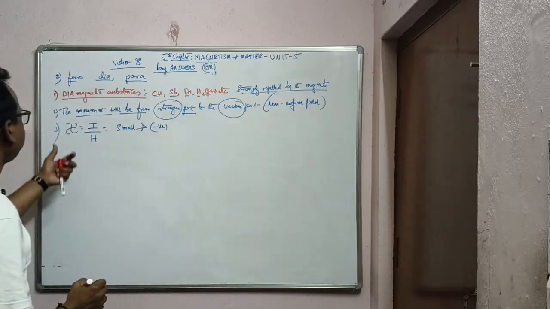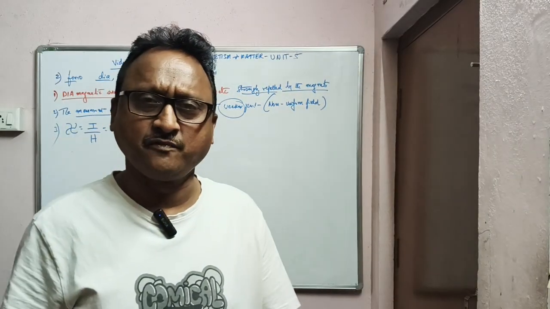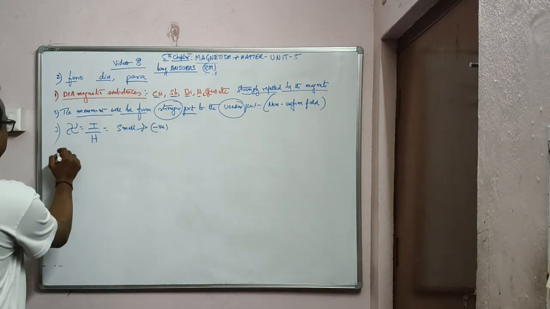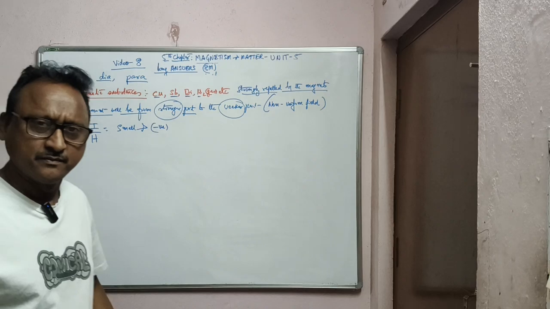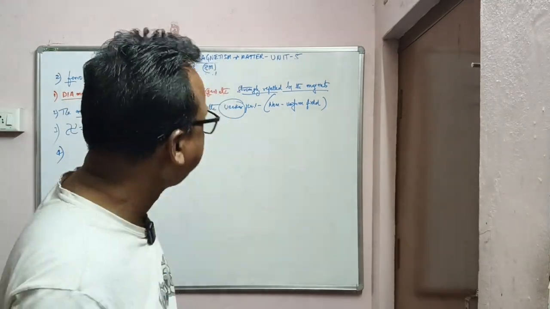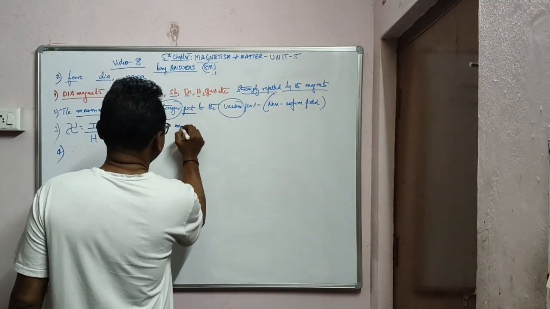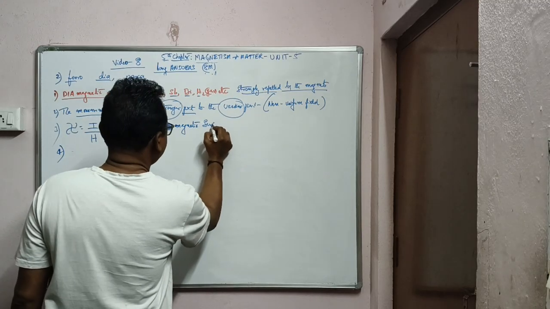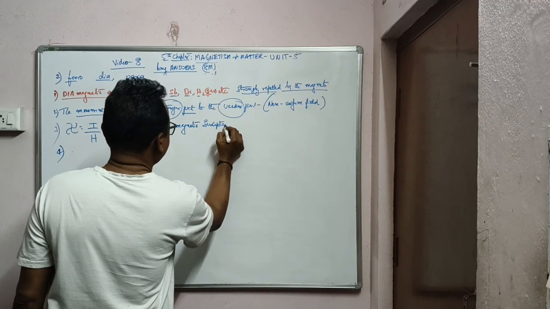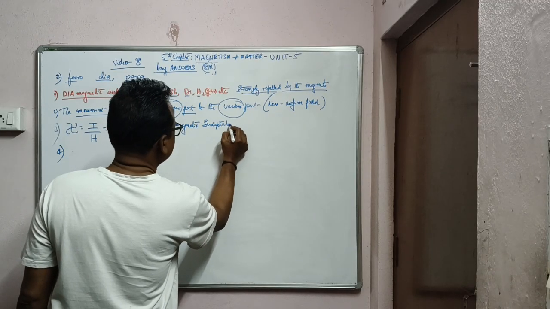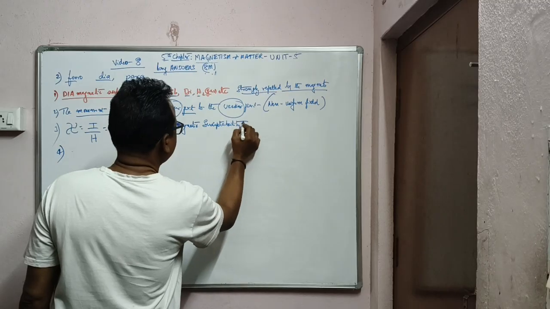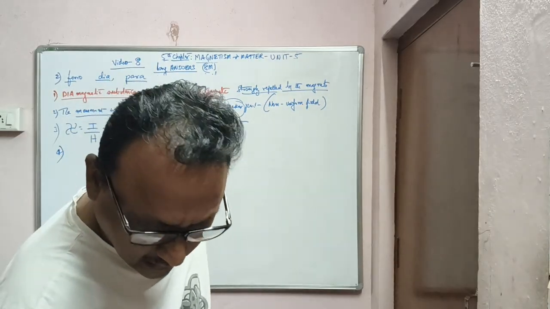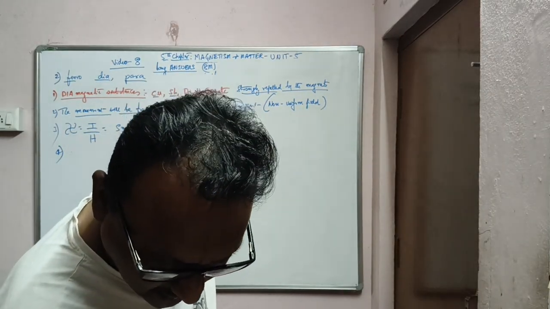For diamagnetic substance, the ratio of intensity of magnetization to that of magnetizing field is small and negative. That is called magnetic susceptibility.